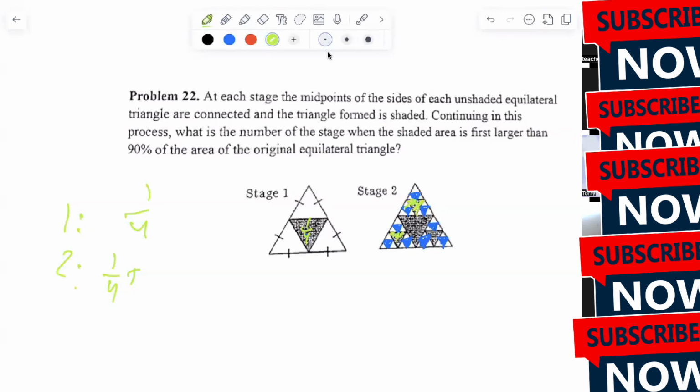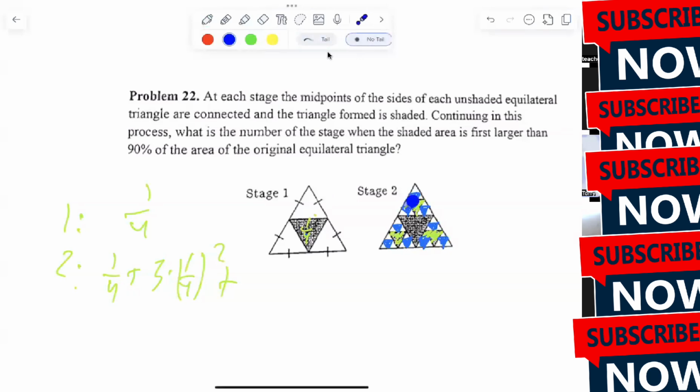Ignore the blue triangles for a second. They add these small triangles, which have the same area as the triangle right over here, but 1/4 of that. And there are 3 of them. So 3 times 1/4 squared.